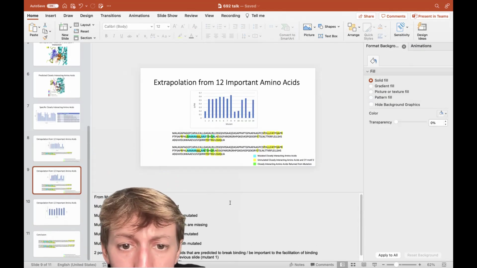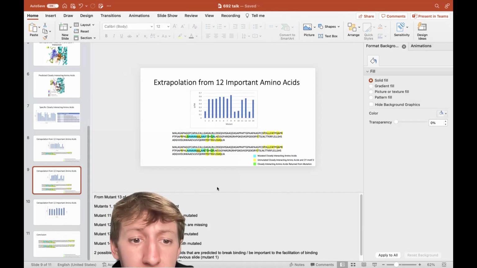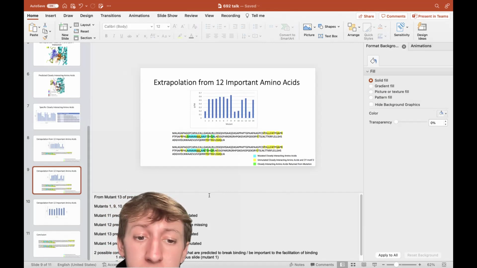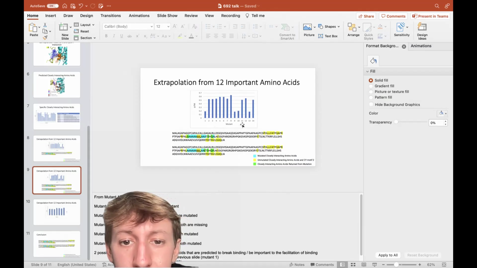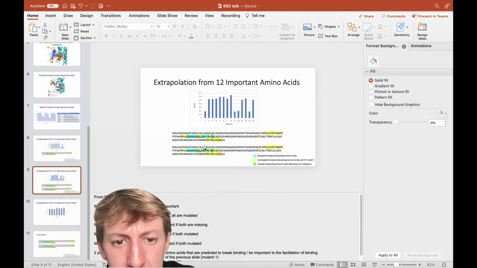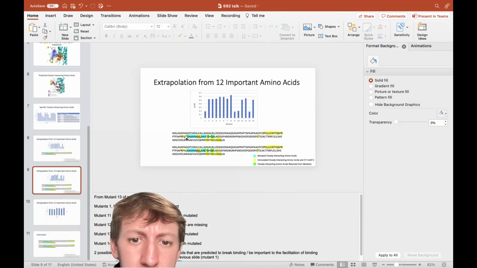And so from this, it was found in mutants 1, 9, and 10 that glycine, glutamic acid, and tyrosine were not deemed to be important. And this can be seen again in the primary sequences at the bottom.